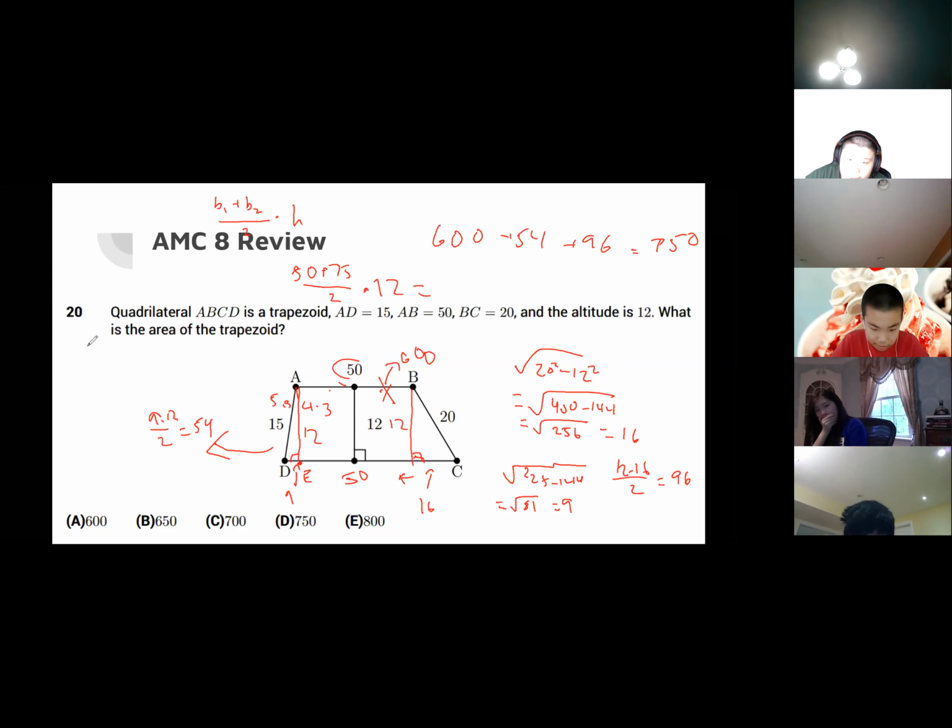And you know that 3 squared plus 4 squared equals 5 squared. This is probably the most famous Pythagorean triple. And from there, you can just multiply each one by 3 to get that this is 3 times 3, which is 9. In this case, you have 3 times 4 and 5 times 4, so this one is 4 times 4, which is 16. But either way, you can get the same thing.